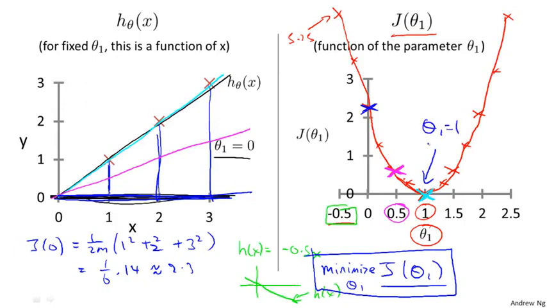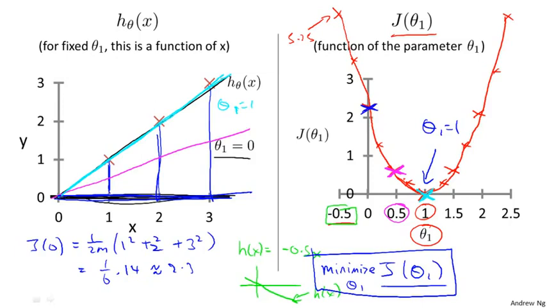And lo and behold, that is indeed the best possible straight line fit through our data. By setting theta 1 equals 1, just for this particular training set, we actually end up fitting it perfectly. And that's why minimizing J of theta 1 corresponds to finding a straight line that fits the data well.